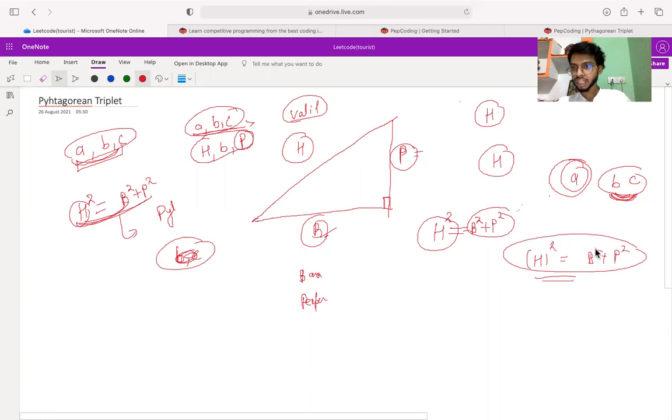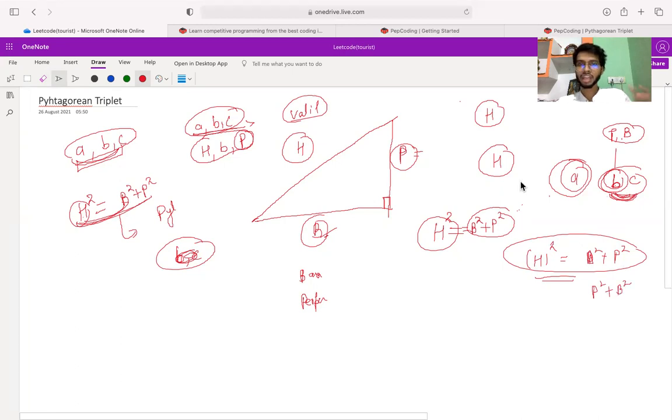So if this condition is satisfied, then whether I'm assuming this b as a perpendicular or as a base, it doesn't matter to me, because I can write b square plus p square as p square plus b square also.